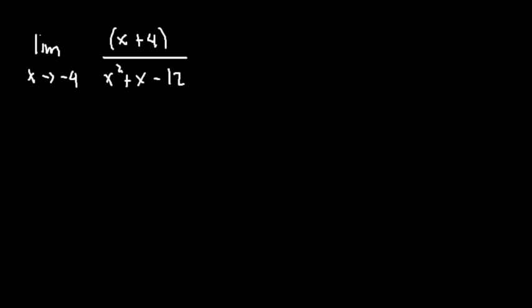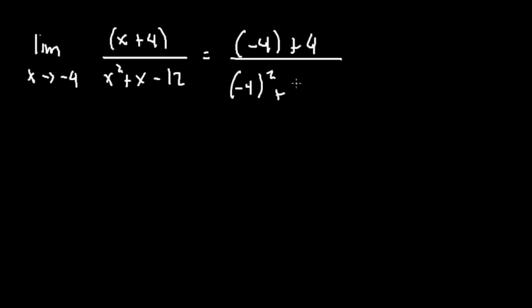Now, let us identify the limit of the function by substituting. Katulad ng ginagawa natin kanina, we usually just substitute. So, let's do this. Negative 4 plus 4 over negative 4 squared plus negative 4 minus 12.